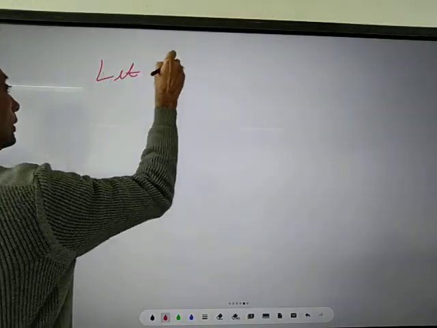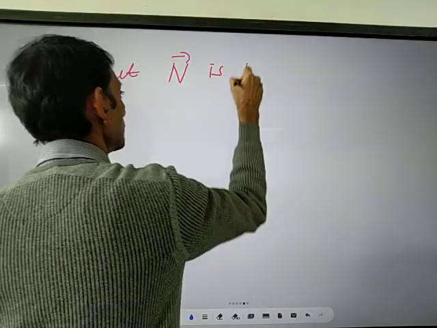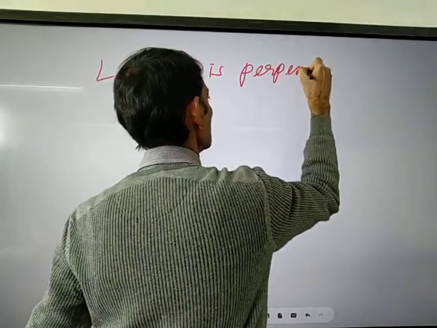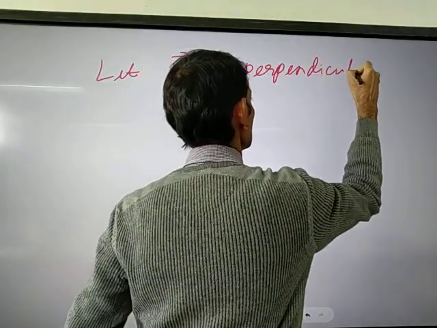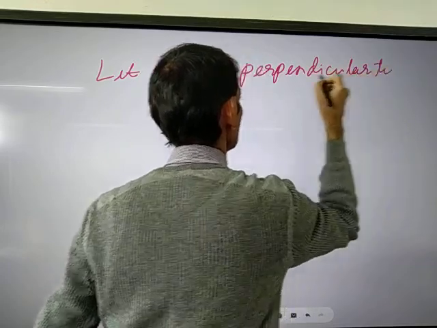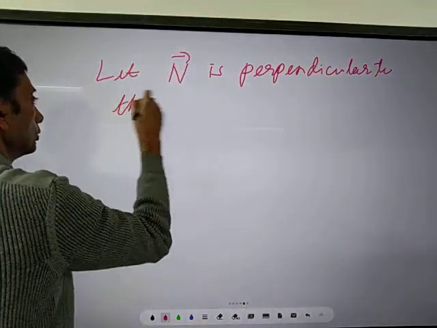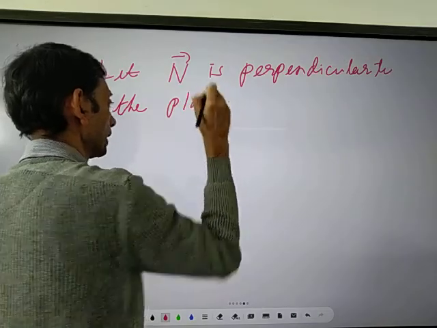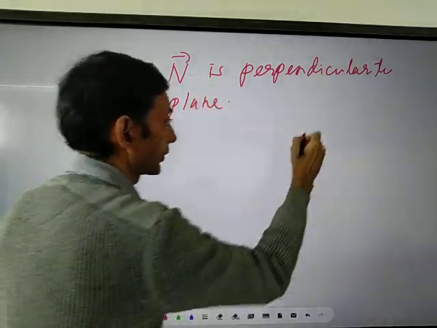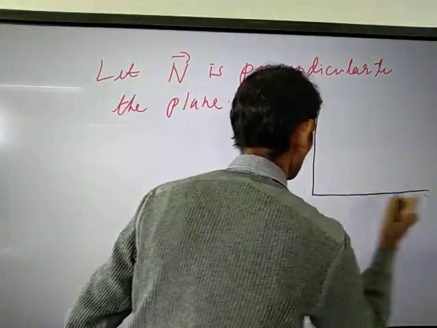And let vector n be perpendicular to the plane. In case we draw the figure once more, it will be easy.